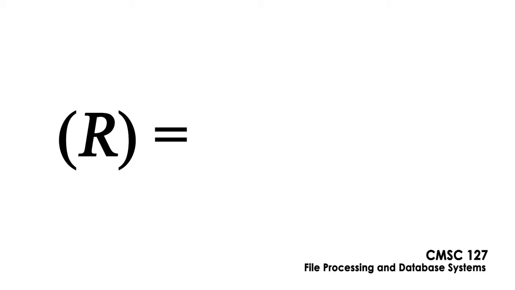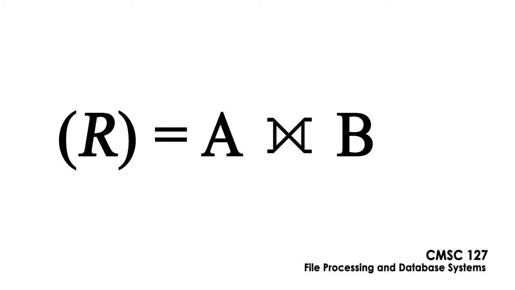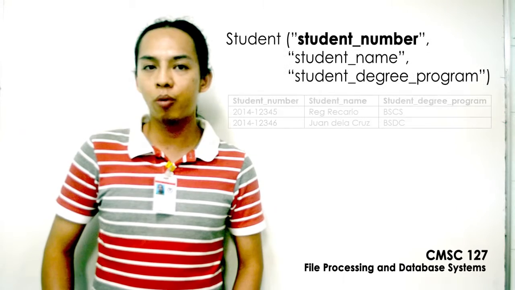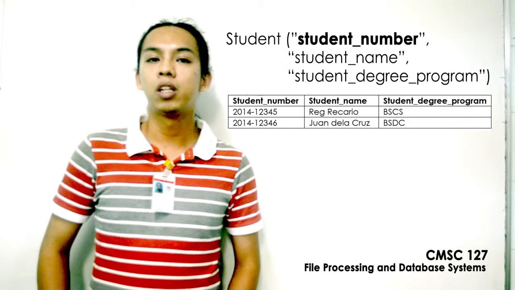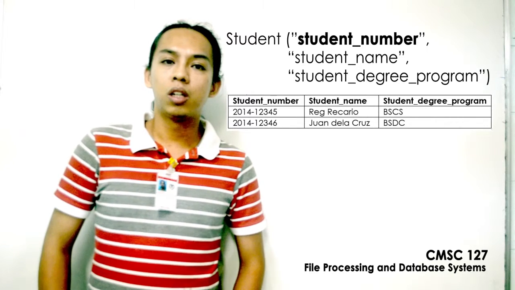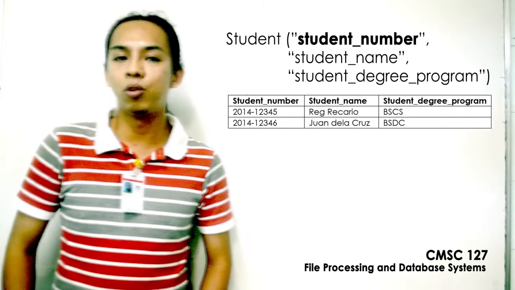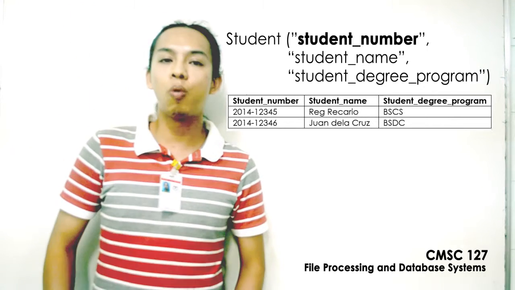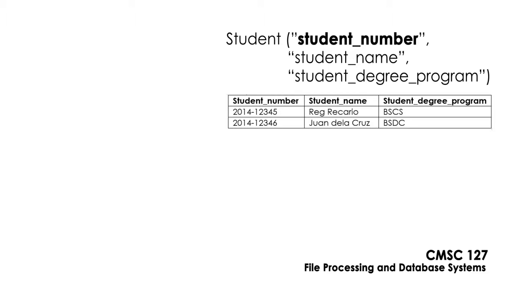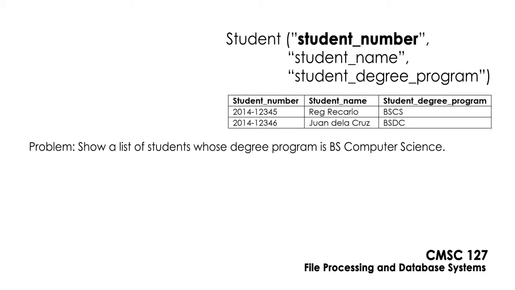Say for example, a join or a natural join operation. To give us an example of how to use select operation, we go back to our earlier example of the student relation. Now, assuming that we have the same set of attributes, student number, student name, and student degree program, if we want to see a list of students whose degree program is BS Computer Science, then we can express that in this form.